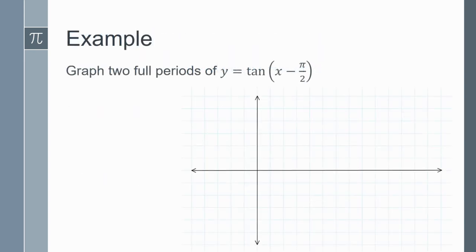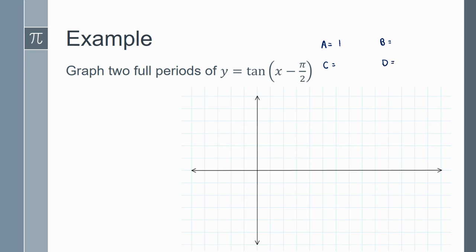So let's take a look at this example. I want to graph two full periods of y equals tangent of the quantity x minus pi over 2. So anytime you start seeing parentheses or anything being added or subtracted that is not attached to your trig function, that means we have to identify not only a and b, but also c and d.